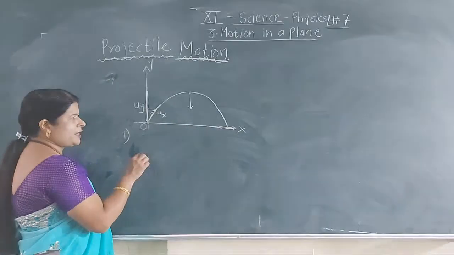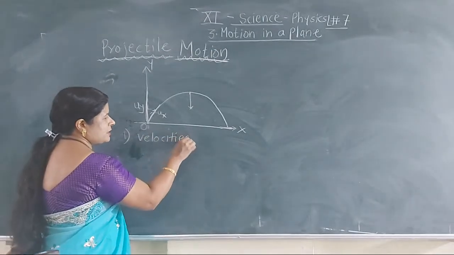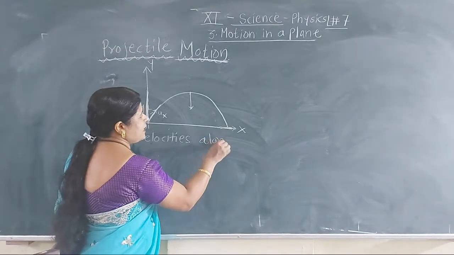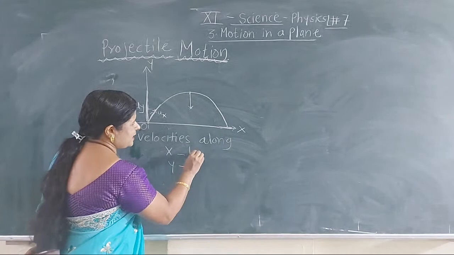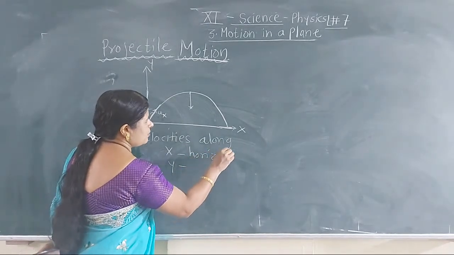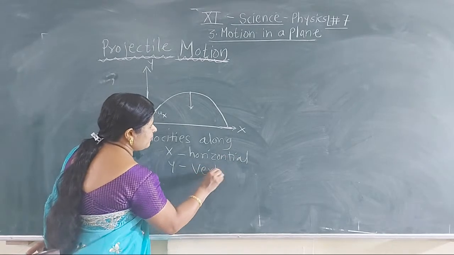First important point, we get the velocities of a projectile along the x and y directions. We call it the horizontal velocity of a projectile, and along the y direction there is the vertical velocity.